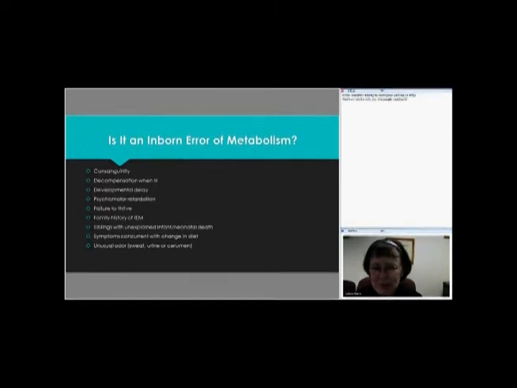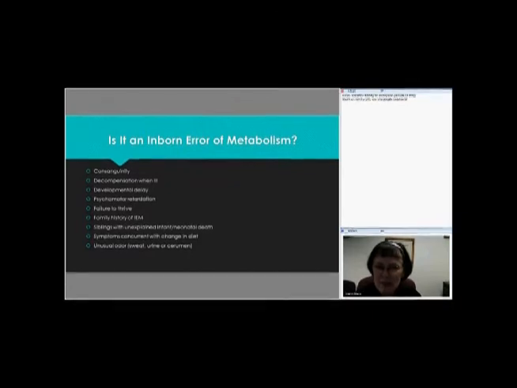Well, consanguinity is one way. If they're marrying their first cousins, and that happens, then you may end up with an inborn error of metabolism.